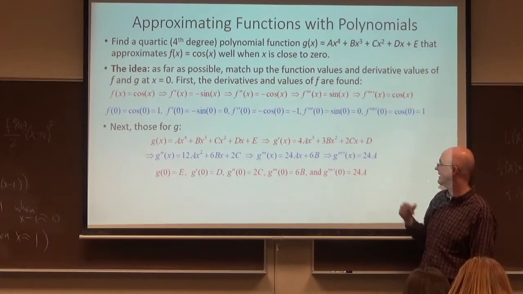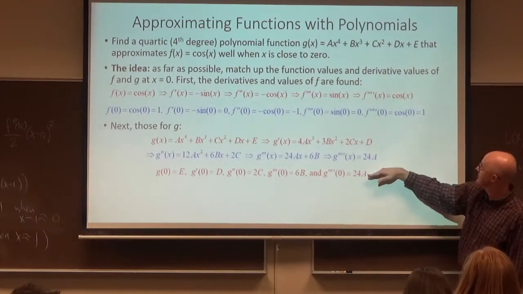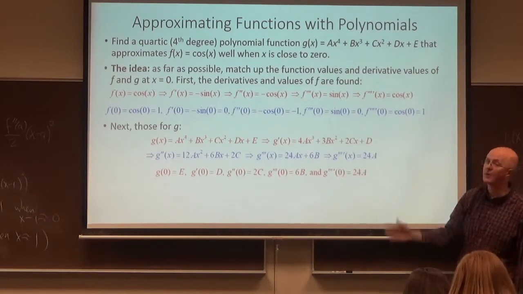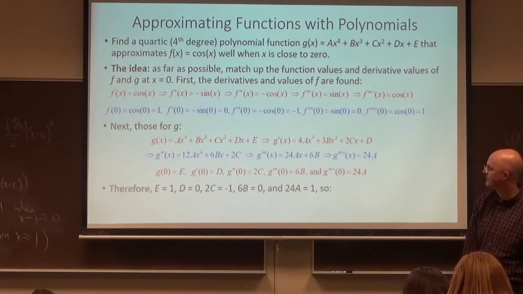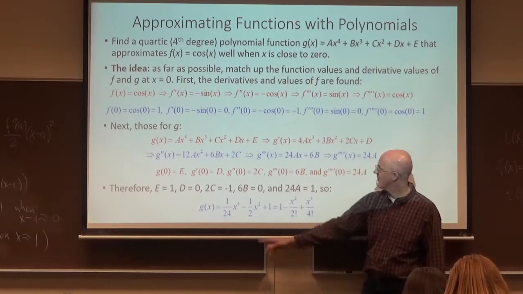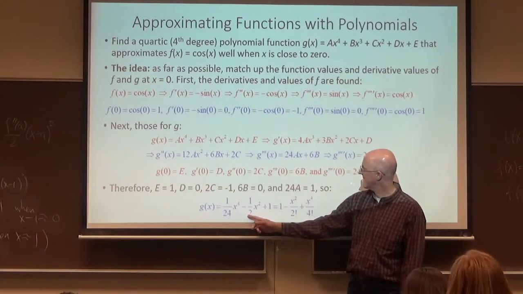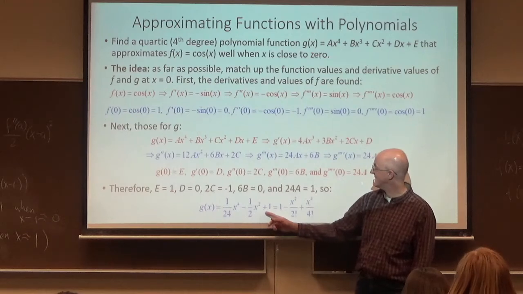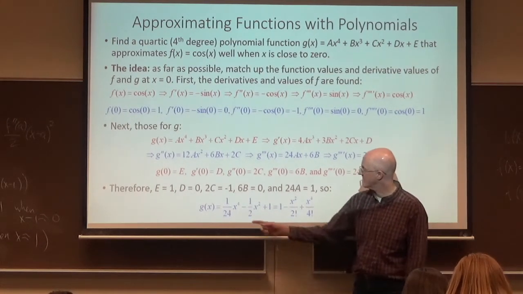The fourth derivative is a constant function. Make these derivatives equal these derivatives and solve for A, B, C, D, and E. And what do you get? You get A is 1/24, B is 0, C is negative 1/2, D is 0, and E is 1. This is the fourth degree polynomial we're after, and there's a pattern there.